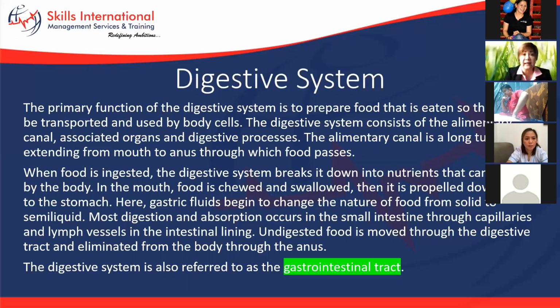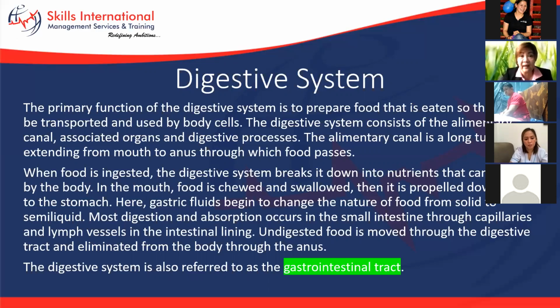So when food is ingested, the digestive system breaks it into nutrients that can be used by the body. So lahat lang ng pwedeng i-absorb ng katawan, yun yung dinadigest. Once na natapos na ito, after dun sa mouth, kinain, the food chewed, swallowed, it is propelled downward to the stomach.